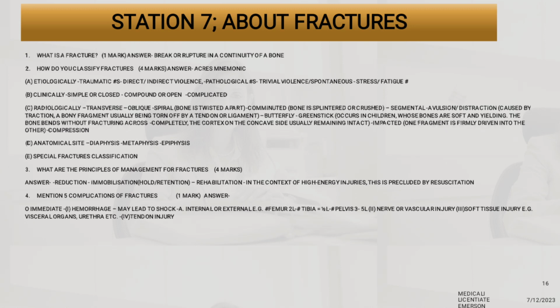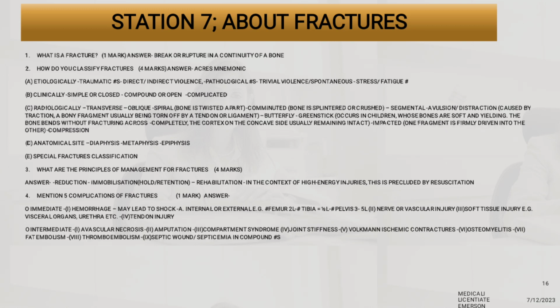Nerve or vascular injury can have soft tissue injury, e.g. in visceral organs or urethra. Then you can have tendon injury. So the way I remember immediate is you can have hemorrhage, then the injuries: nerve injury, vascular injury, soft tissue injury, tendon injury, so that you know that those are immediate or early complications.